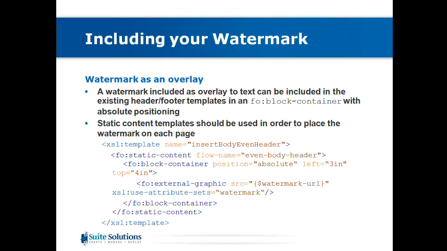We're defining that it should be formatted using the watermark attribute set that we should have defined in static content adder, the attributes file that we saw earlier. And that's it. By doing this, this image will move out of the header into an absolute position 3 inches left and 4 inches from the top, and will lie on top of the text on every even body page.